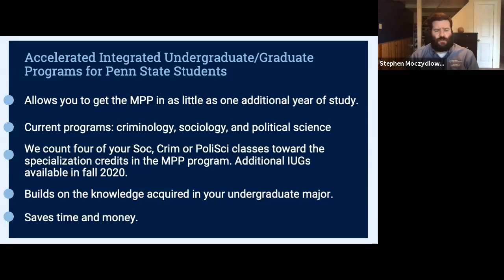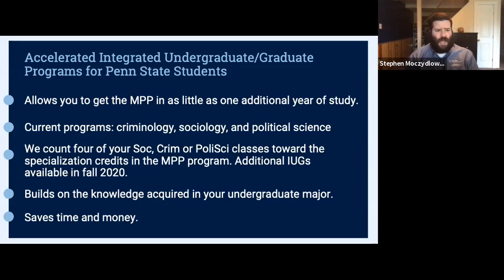So if you are currently in one of those programs or considering one of those programs, this is an option that you can pursue. And how it works is that we are able to count 4 courses between the 2 different degrees. So some of the classes will count towards your specializations. Some of our classes can potentially count down towards your undergrad, depending on which IUG program you are admitted into. And so it builds on the knowledge that you get in your undergraduate major.